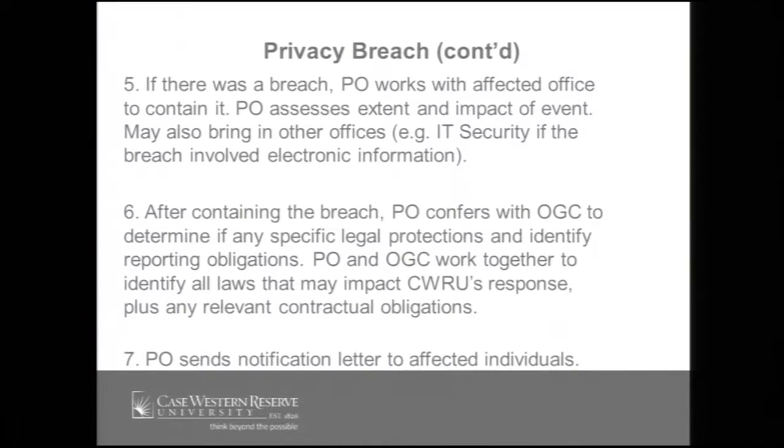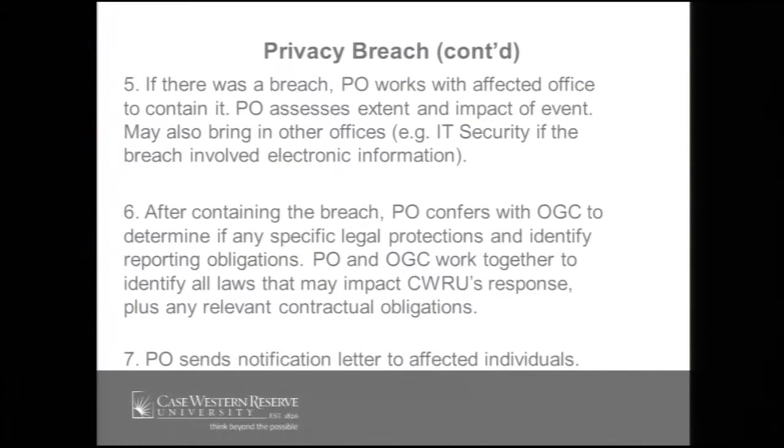After containing the breach, the privacy office would confer with general counsel to determine if any specific legal protections were attached to the breached information and to identify any reporting obligations we may have. We'd work together to identify all laws that may impact our response, plus any contractual obligations we might have.